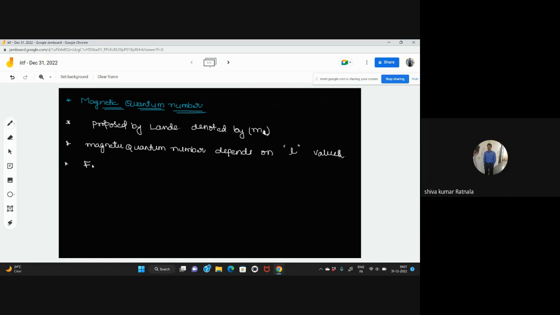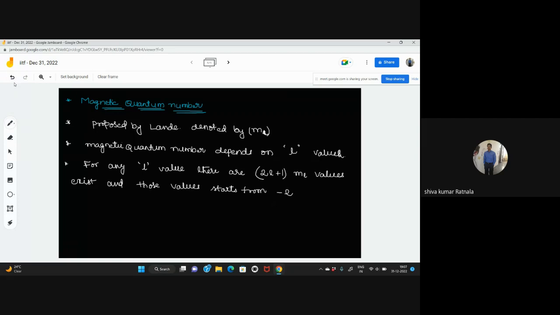For any L value, there are 2L plus 1 ml values that exist, and those values start from minus L to 0 to plus L. Minus L to 0 to plus L, we can say that.